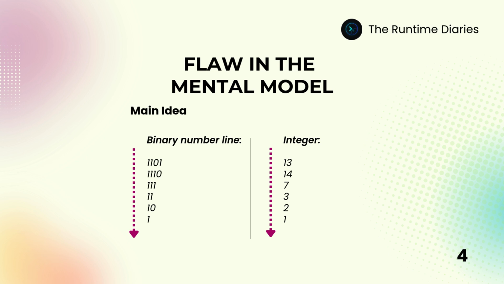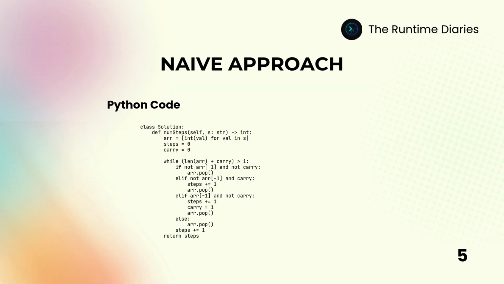Every time you add 1, you're flipping bits until you hit the first 0. That's what's called a carry. Carries move left, flipping 1s to 0s until they find a resting place. My code didn't account for that. It was simulating math, not modeling how bits actually behave.